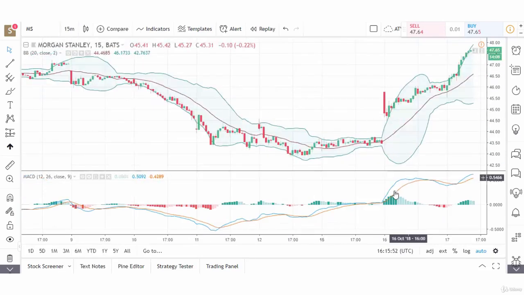So now let's take a look at our 15-minute chart. And again, we have the MACD at a buy. We have the stock in the upper end of the Bollinger Bands, and we again would not want to buy at this point. We will wait for a pullback to this smooth moving average.